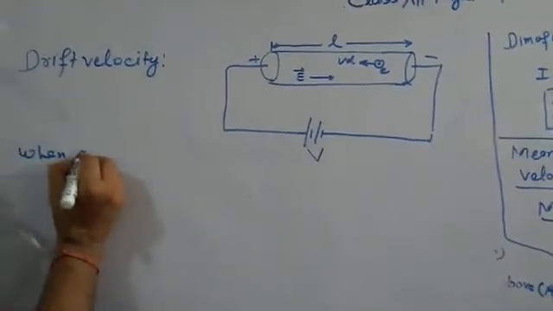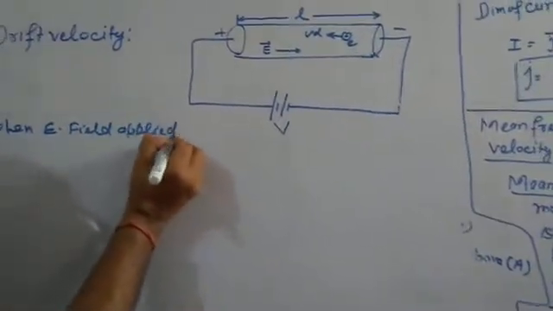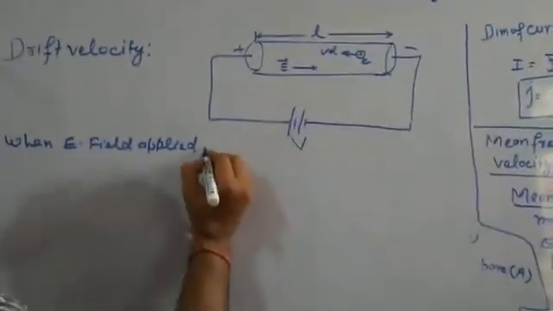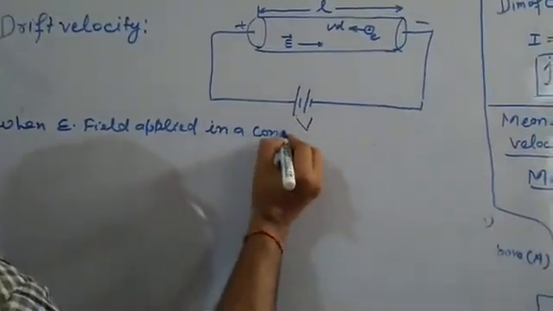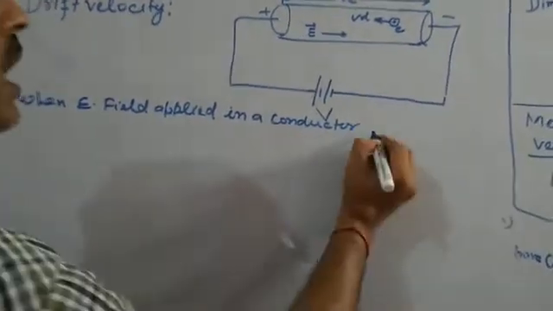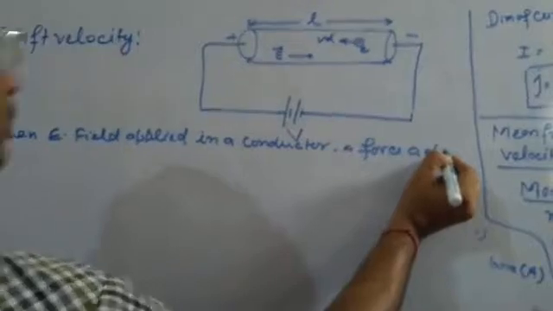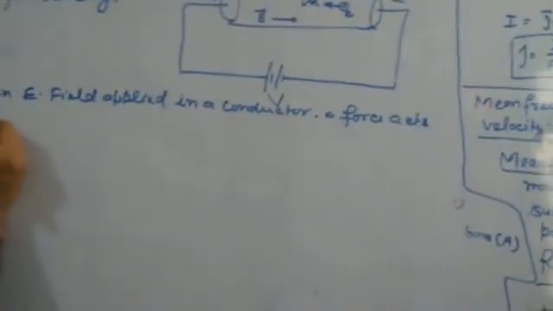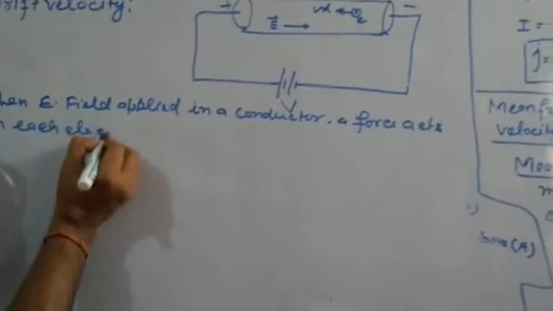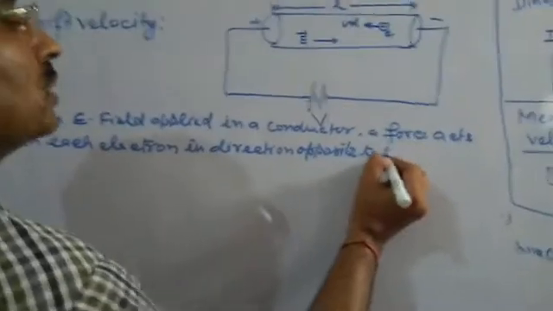When an electric field is applied in a conductor, a force acts on each electron in the direction opposite to the electric field.